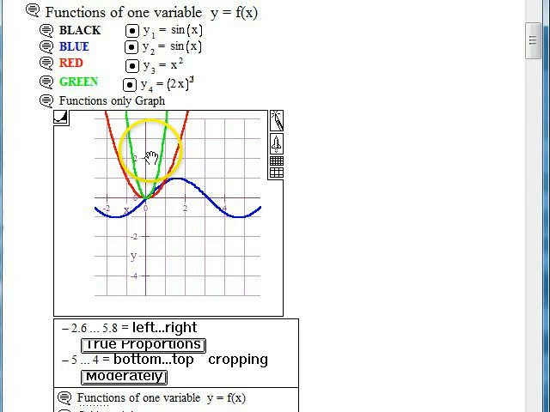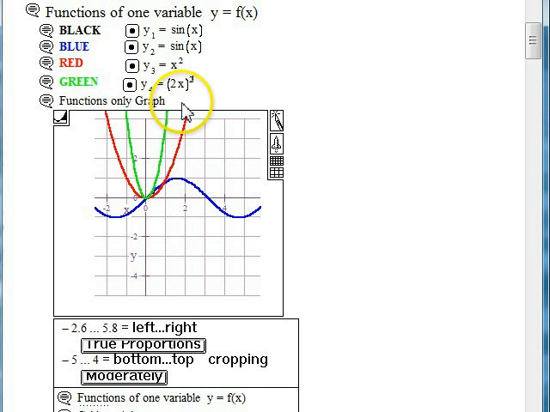How does the green one compare to the red one? A lot of people, when I ask that, will say it's taller. It got stretched up. Well, I don't like to think of it that way, because what I would rather say in this case is that it got squeezed in, that the green graph is skinnier than the red graph. It can look taller or it could look skinnier.